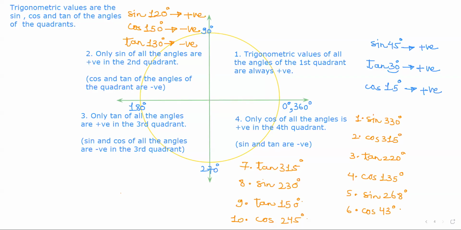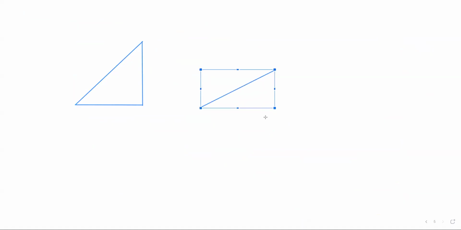Okay, so now coming back to, let's move ahead with this. Now, once we know about the quadrants and how to find sine and cos of the angles, let's discuss three standard triangles first. These are very essential triangles in trigonometry and very widely used also. So we will discuss these three triangles.